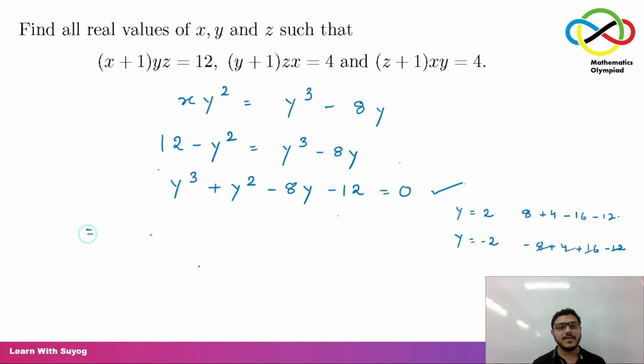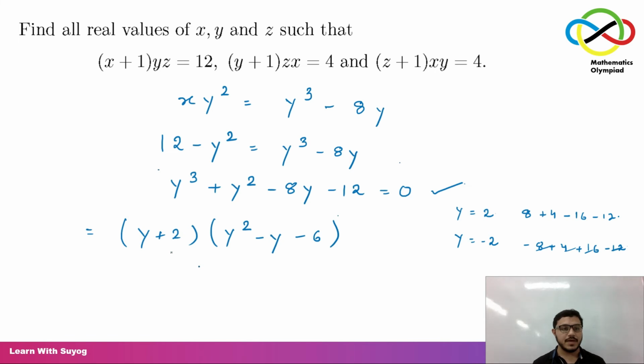So we can further factorize it. We can take y plus 2 as common, and when we further factorize it, we'll get y square, and then y cube plus 2y square, but we'll get minus y square, so we'll multiply it by minus y. So minus y square minus 2y, and then we can again multiply it by 6.